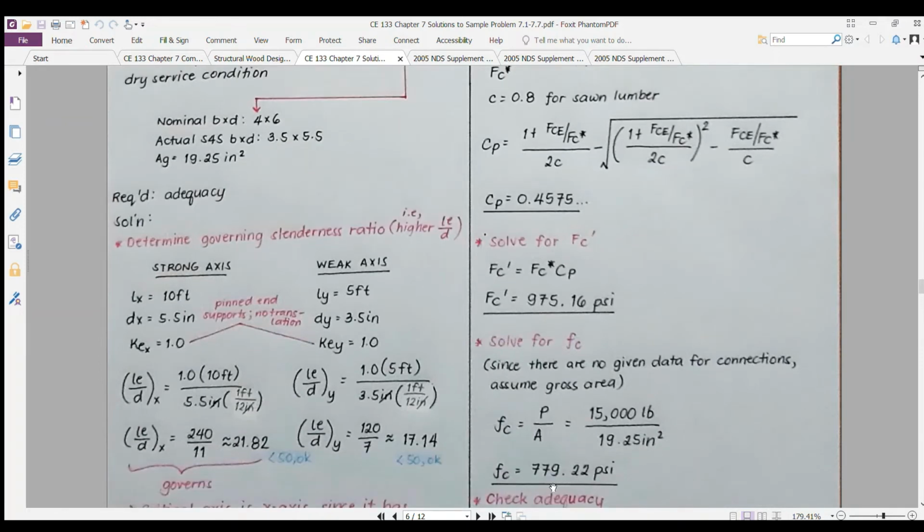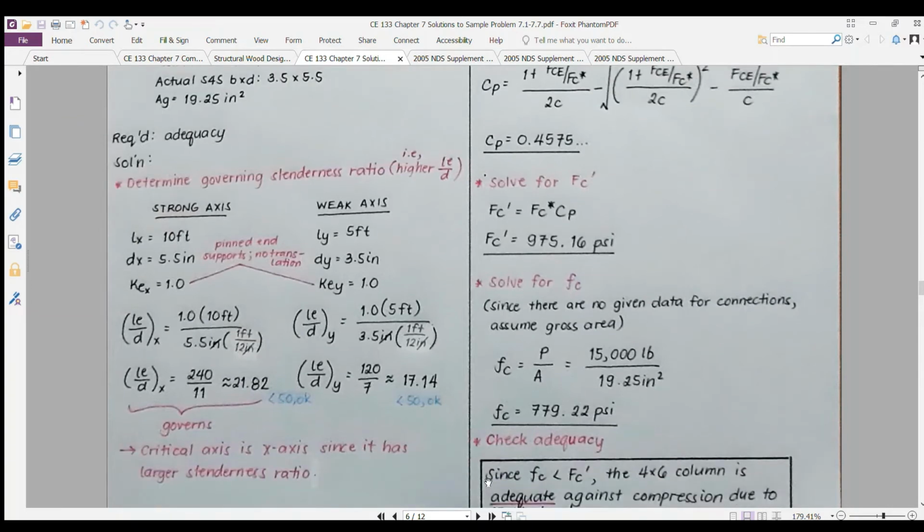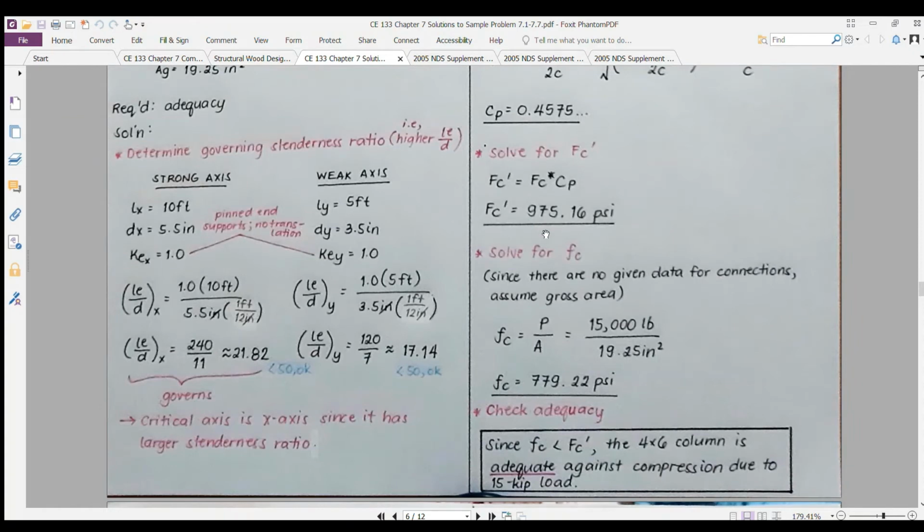So we have an actual compressive stress of 779.22 psi. Now we need to check for adequacy. Since F sub c prime is greater than the actual compressive stress, the 4-inch by 6-inch column is adequate against compression due to the 15,000 pound load.